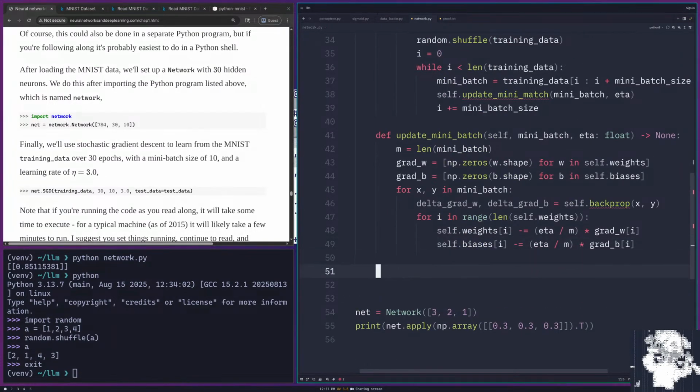So I am missing def backprop, which takes self and an example, which is an np.ndarray, and it takes a y, which is just an int.